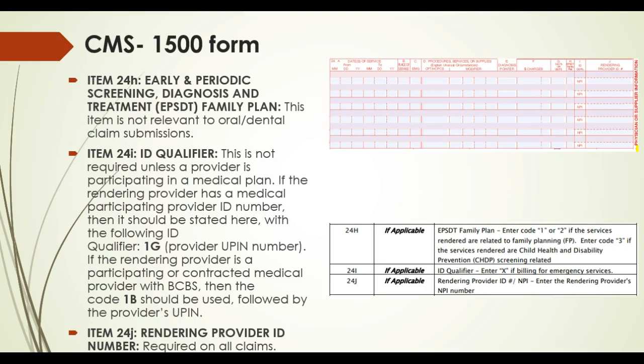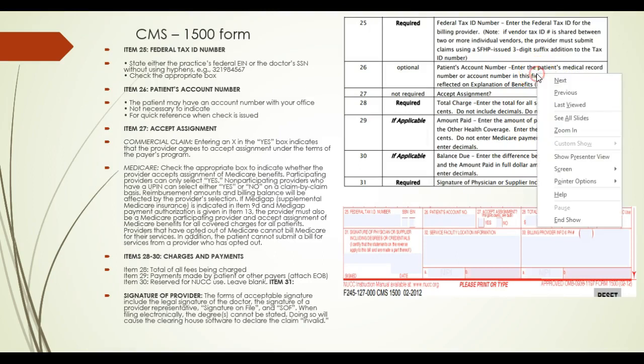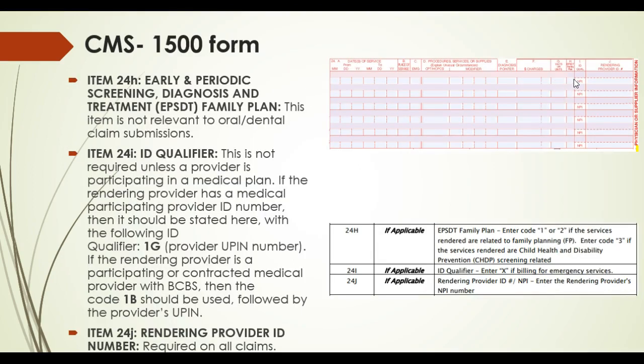So you have 24H and then I and J. So going back, 24H is family planning. 24I, you would enter an X if it was emergency services. And 24J is if you had a rendering provider ID number. Okay? And that's here. H, I, and J. All right.